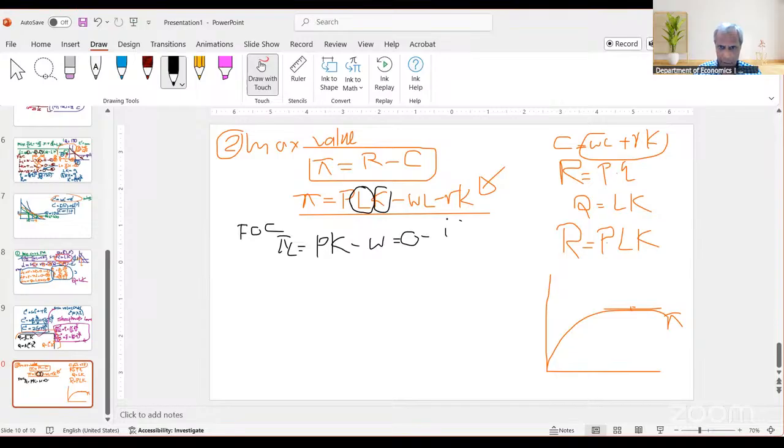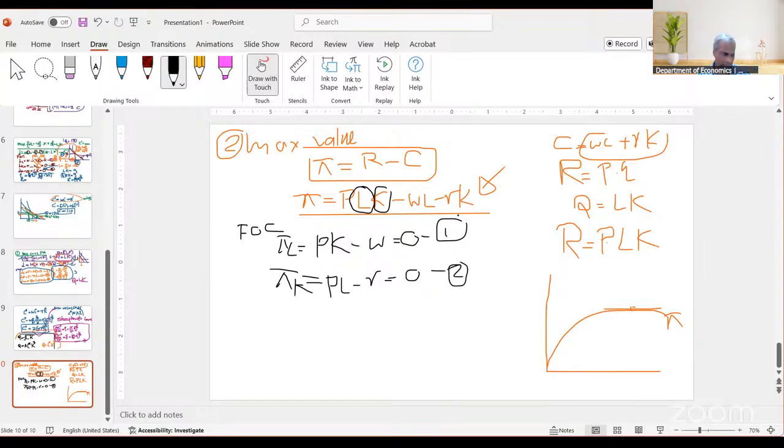That is the first order condition, first equation. And K also we don't know, so differentiate with respect to K. We get the answer P L minus R equals 0. Second equation.